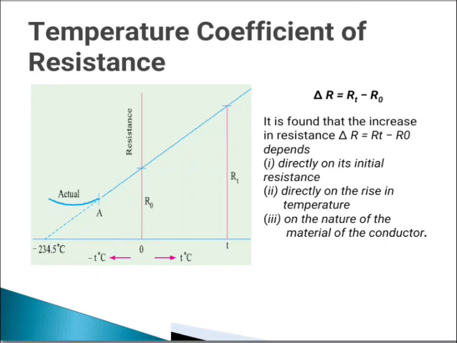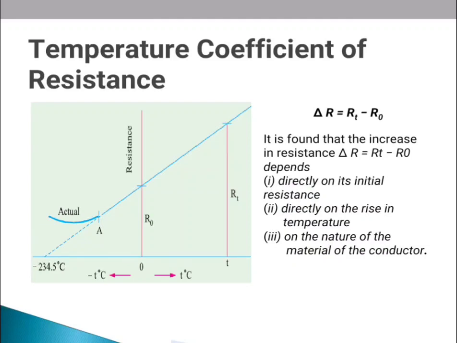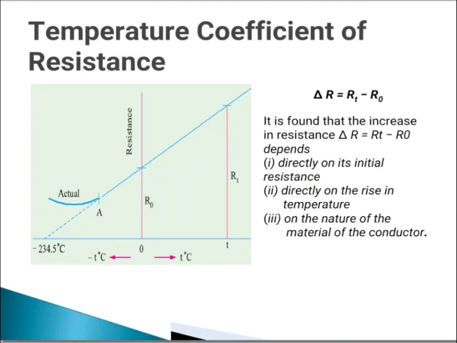Alpha will be given by the formula (RT minus R0), the change in resistance, divided by R0 into T, the initial resistance into temperature. If R0 is 1 and temperature is 0 degree Celsius, then the alpha value will be delta R, that is RT minus R0.